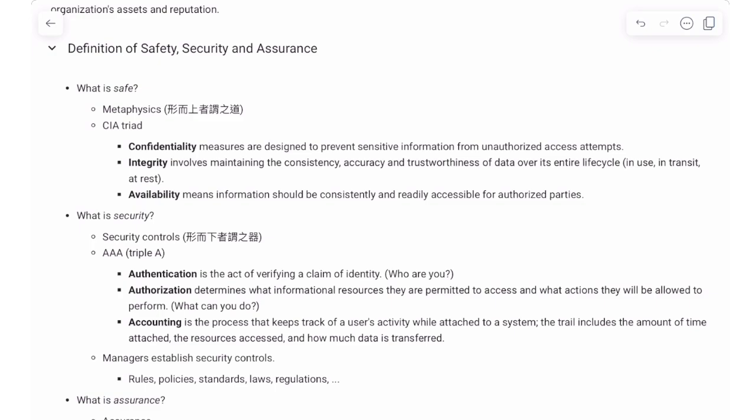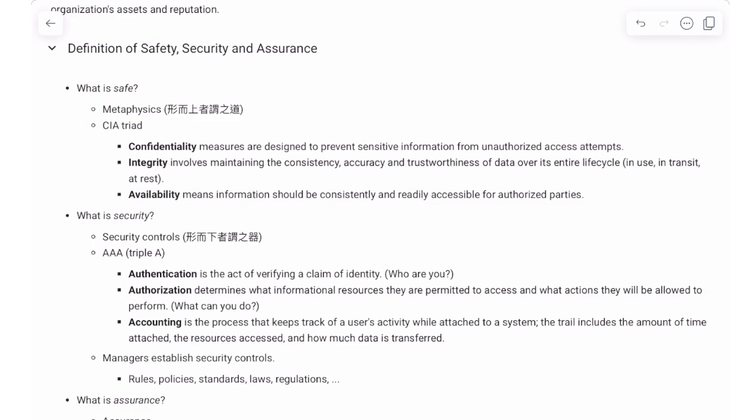The high level managers, the general managers, have to provide such a guarantee to their customers, so their customers feel safe to use the services provided by your company.